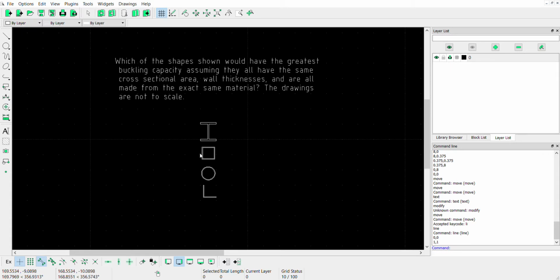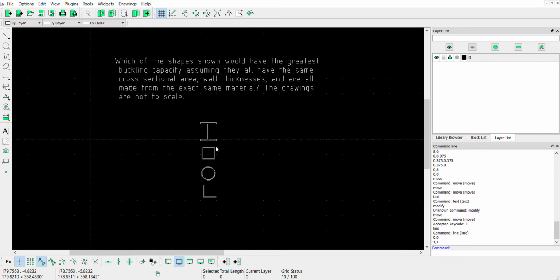But you could draw another axis in, maybe from this corner to this corner diagonally, and that would have a different moment of inertia and a different radius of gyration.